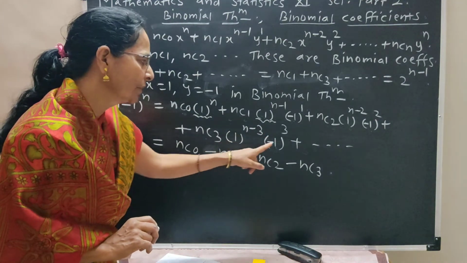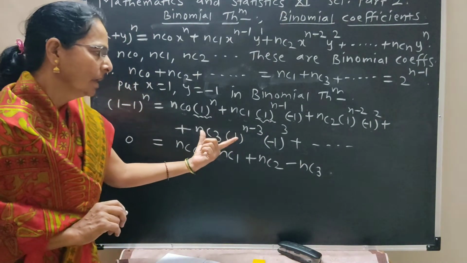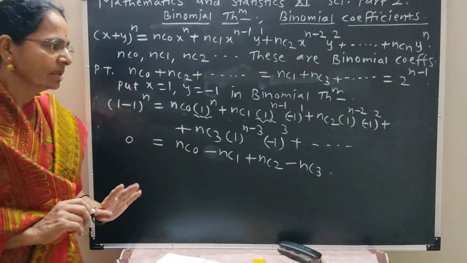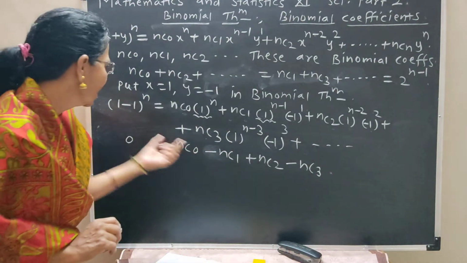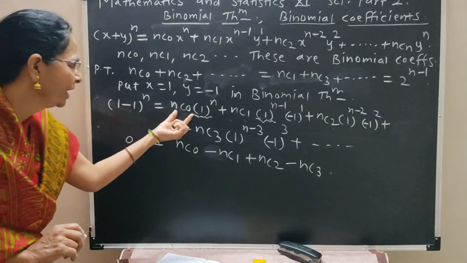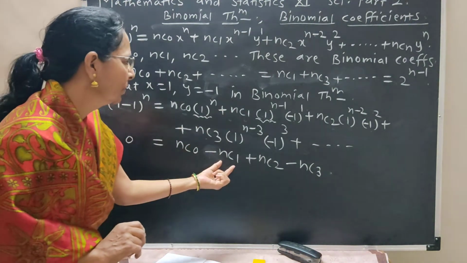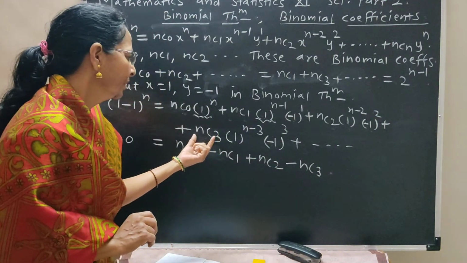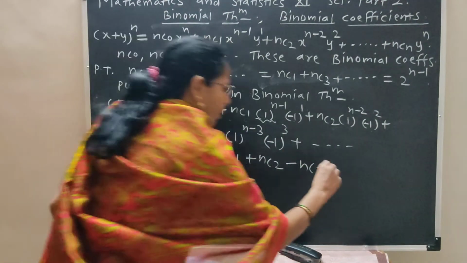Put proper values, and in this way we develop each term, and we get this side is 0, and here nC0 minus nC1 plus nC2 minus nC3 plus dot.